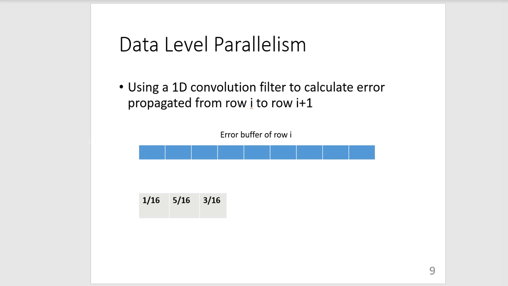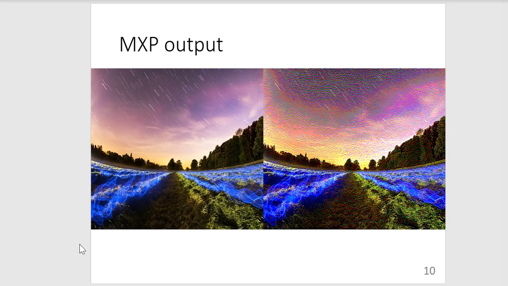I've implemented the SIMD version of this to exploit data level parallelism on MXP. My goal is to implement my code on real hardware, on a real FPGA, on real MXP hardware.